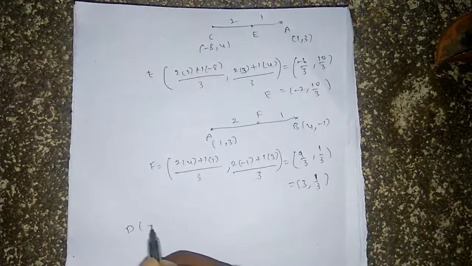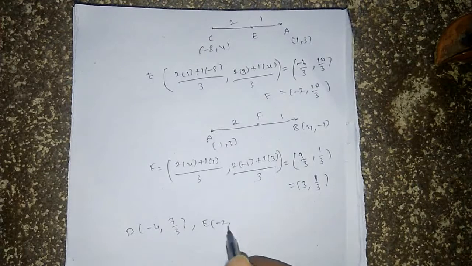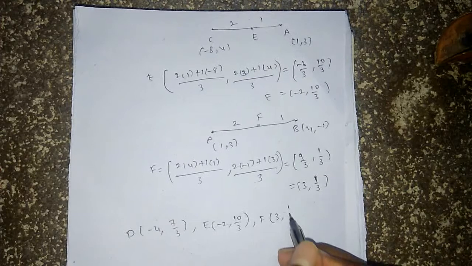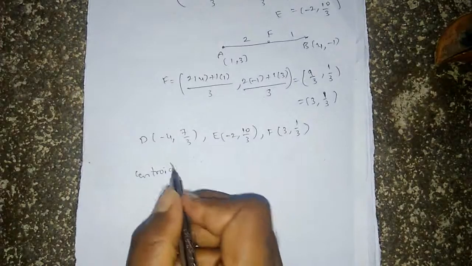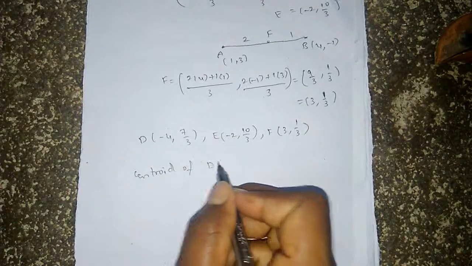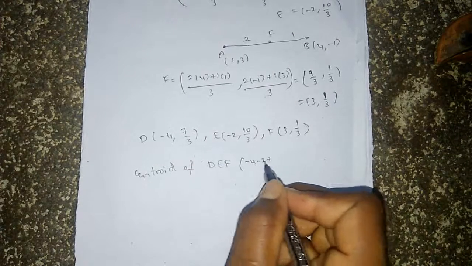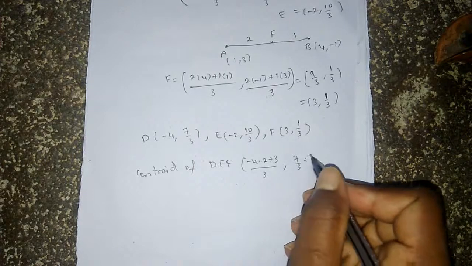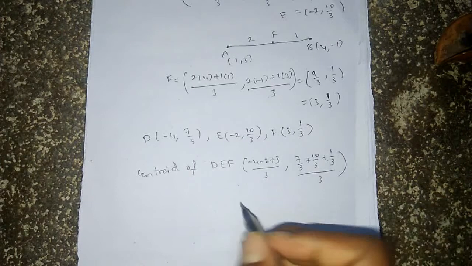Now D is (-4, 7/3), E is (-2, 10/3), F is (3, 1/3). Now the centroid of DEF is ((-4 - 2 + 3)/3, (7/3 + 10/3 + 1/3)/3).